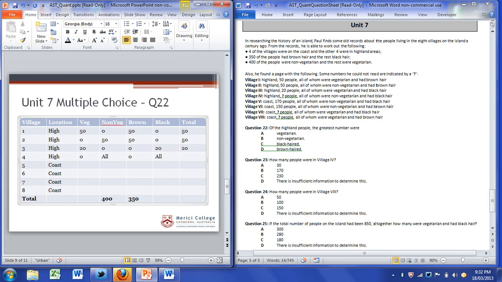Village 5, 170 people, all of whom are non-vegetarian and black hair. So I can, just like the ones above, fill in all the bits. 6, 150 people, all of whom were non-vegetarian and brown hair. That means 0 and 0.